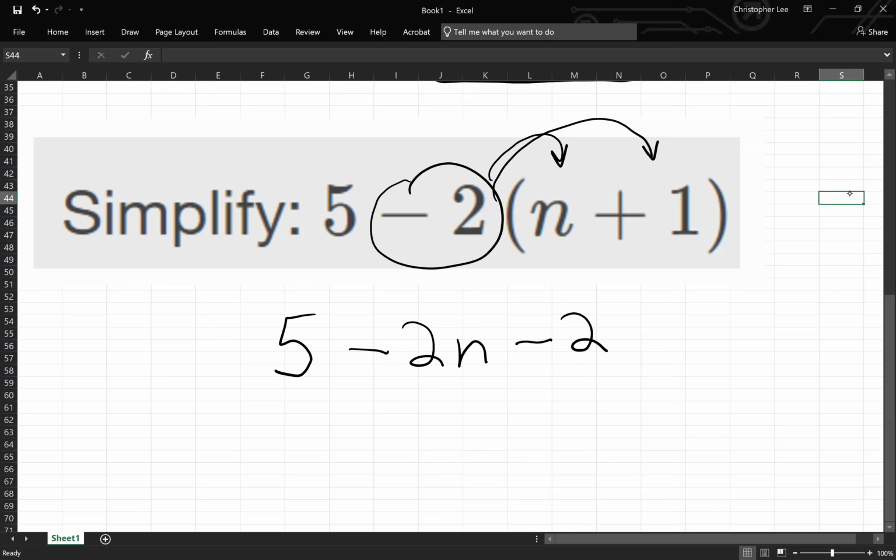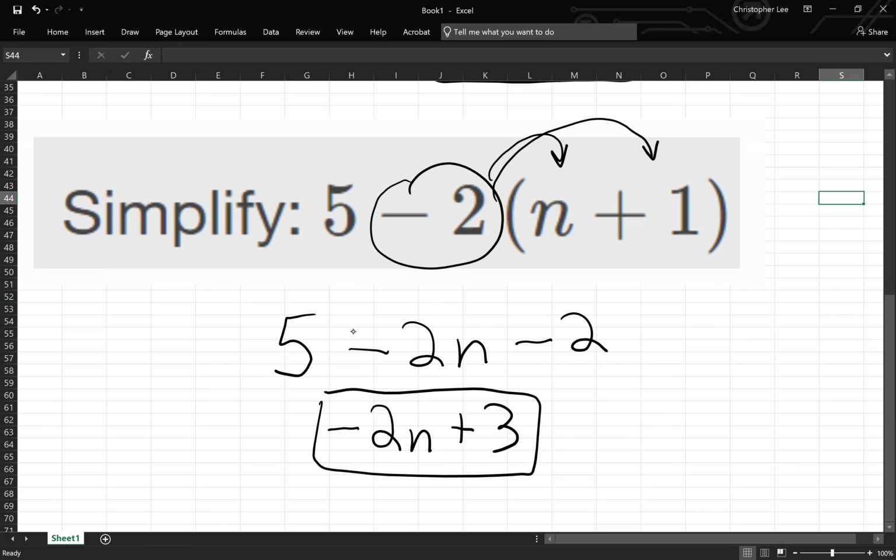That's a fancy word for me telling you to add. 3, right? 5 minus 2 is 3. So it's -2n plus 3. And that's it. All right? The 5 and the -2 get combined. You just add them together, and that's it.